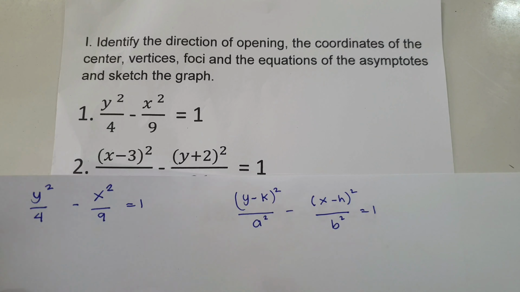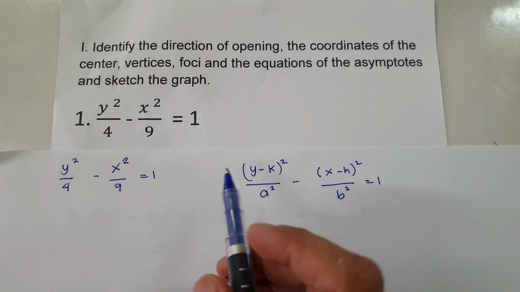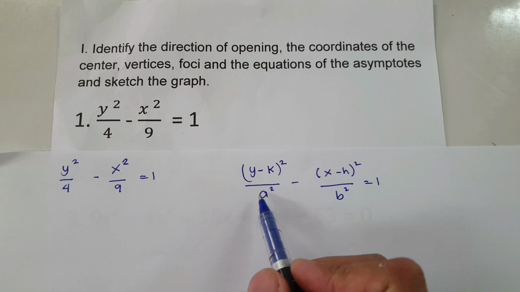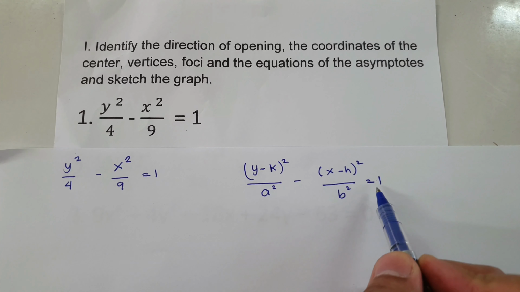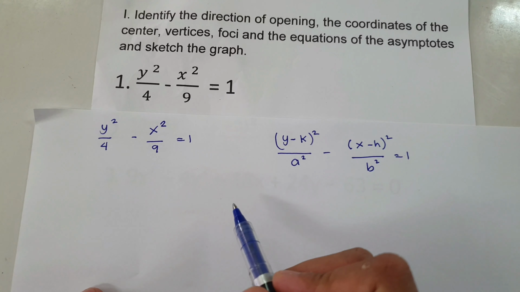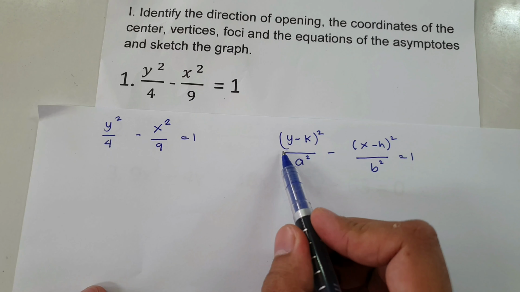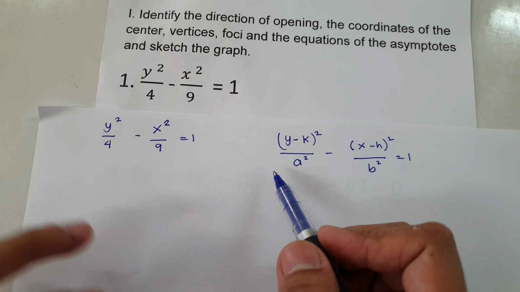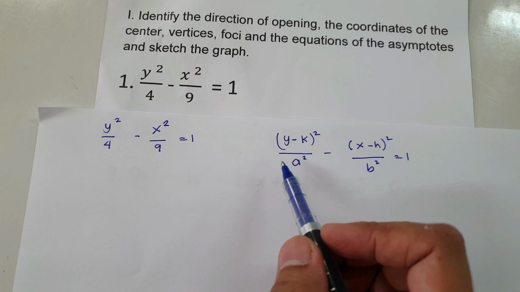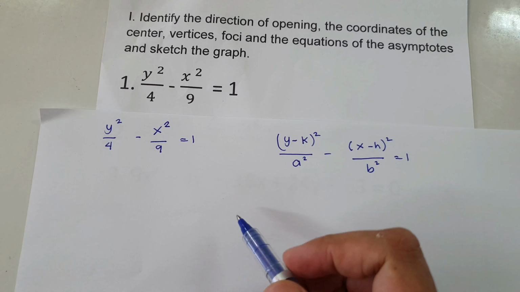This equation is already written in standard form, which is (y minus k) squared over a squared minus (x minus h) squared over b squared equals 1. So the opening of our hyperbola is upward and downward because the y term is positive.